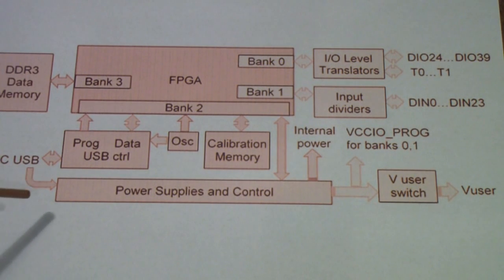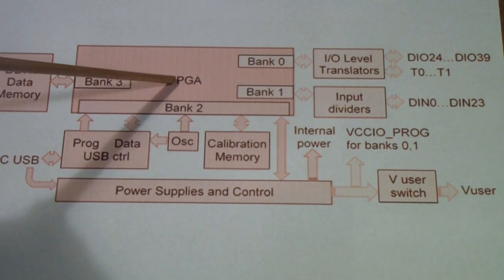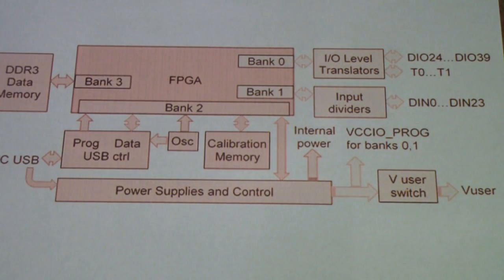Now, as we talked about in the overview, the rest of this is primarily associated with the management of the FPGA, and the heart of this digital discovery is this fairly high-speed FPGA.